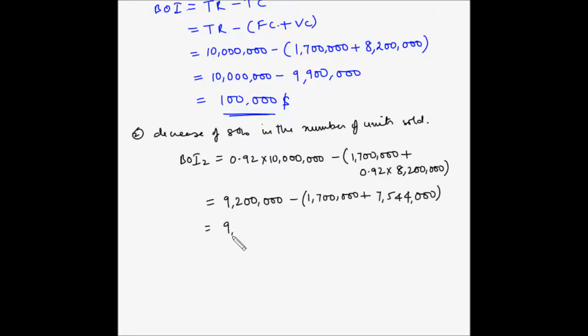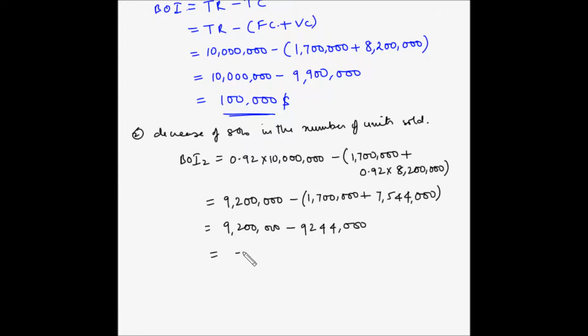So this is equal to 9.2 million minus, so let's add these two numbers. 3 zeros remain 3 zeros. 4 plus 0 is 4. 4 plus 0 is 4. 5 plus 7 is 12. 1 carryover. 7 plus 1 is 8 plus 1 is 9.